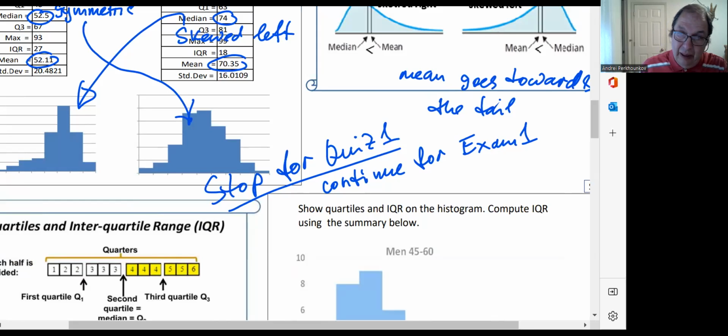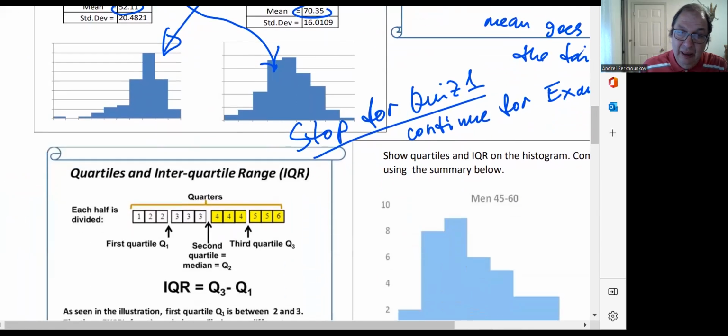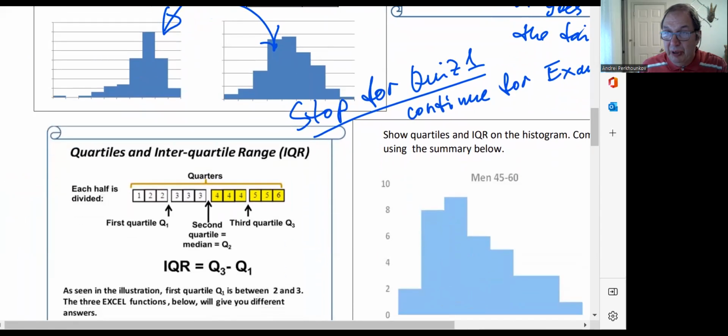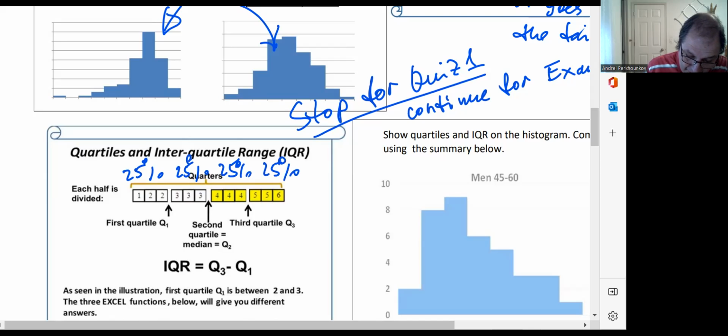So an easy answer: how about we look at quartiles, because the median is in the middle, and we split each half into the middle, and we get quartiles. And so we'll get 25% and 25% and 25% of the data, and then in the center, we will get 50%. And that's the IQR.